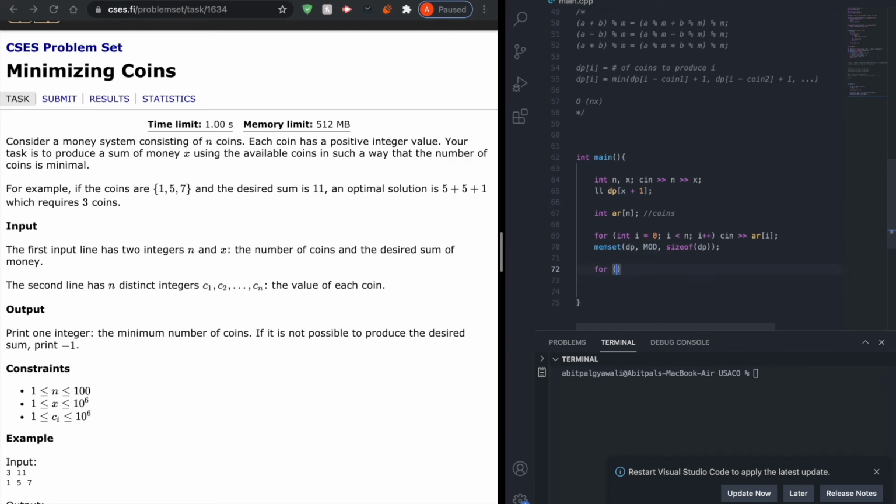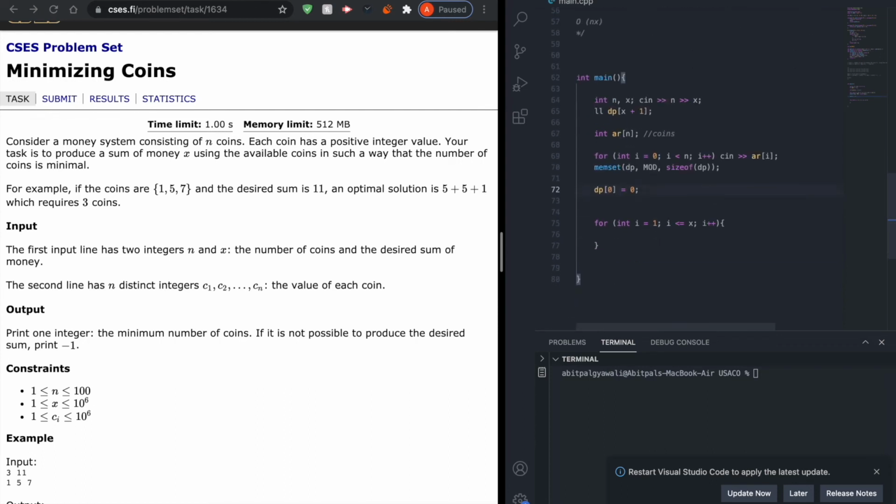Okay, so for int I equals 1, I plus plus, and the base case is dp 0 is 0, obviously. For int j equals 0, j plus plus.